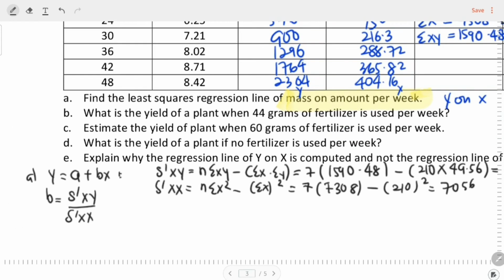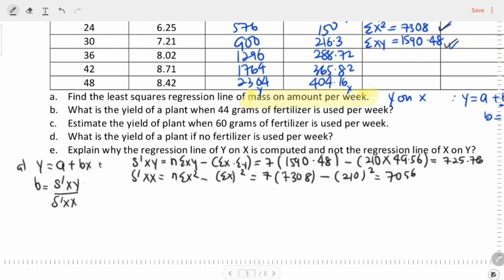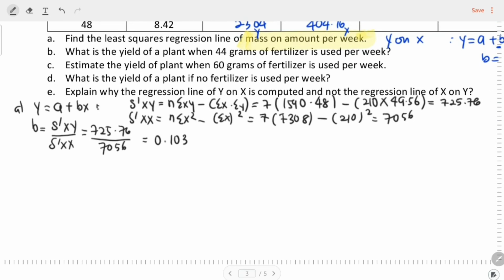Then I substitute into my b formula: 725.76 divided by 7056. Your b value will be a positive number, because our s prime xy is positive, so 0.103.